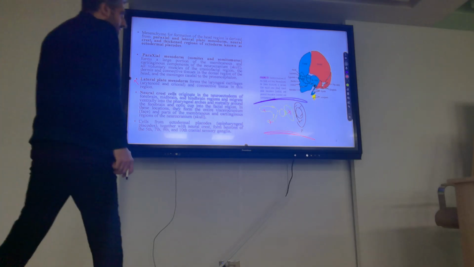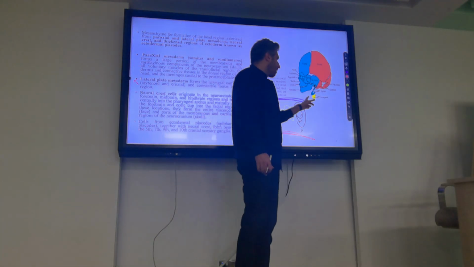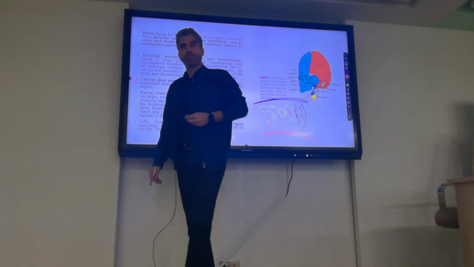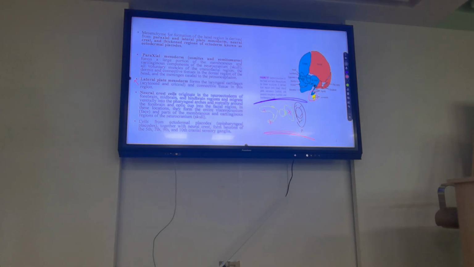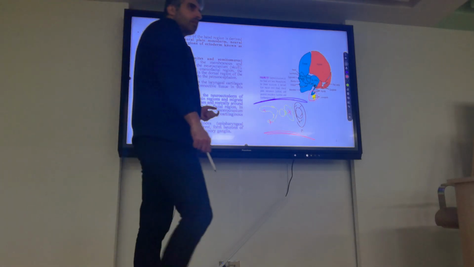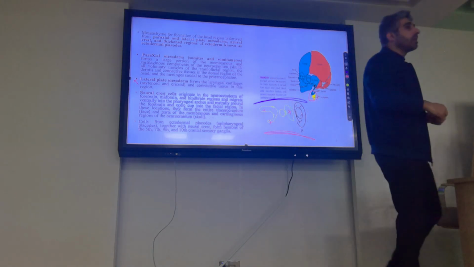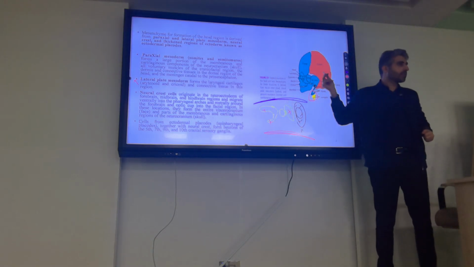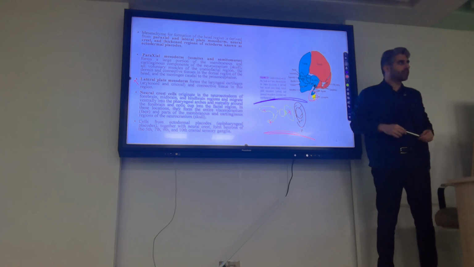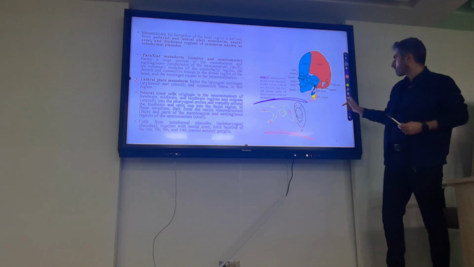So you can see the yellow color, cartilage in the larynx. The origin of this cartilage is coming from lateral plate mesoderm. So neural crest, paraxial mesoderm, and lateral plate mesoderm are making bones in the skull and also in the neck, as you can see in the picture.